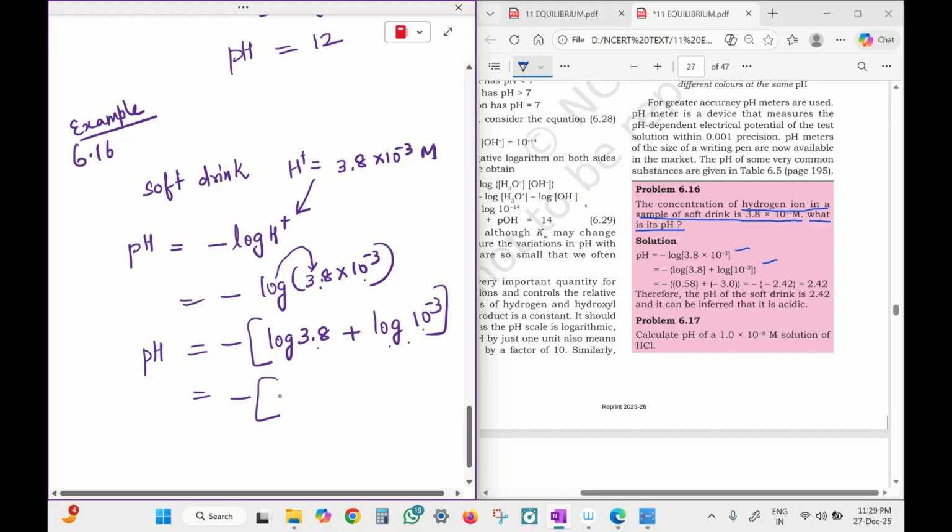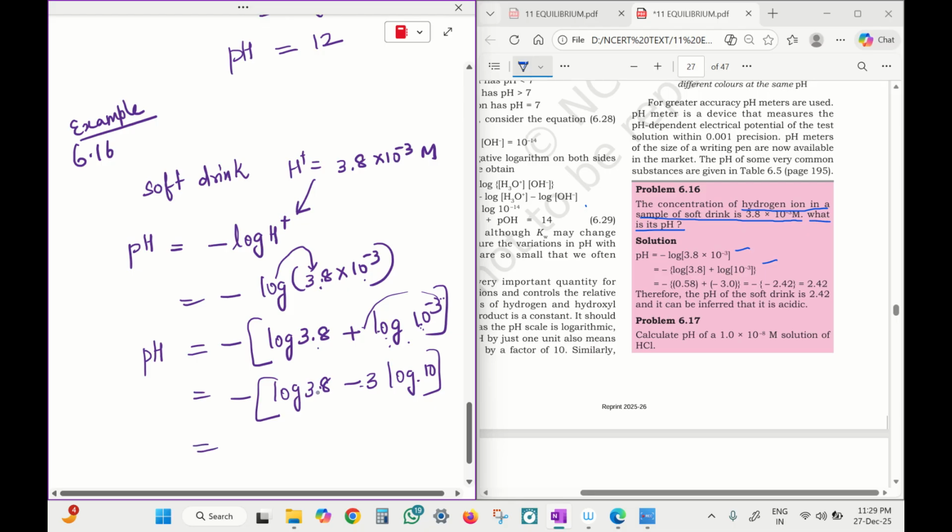So this would become negative of log of 3.8 minus 3 times log of 10. So log of 10 is anyway 1.